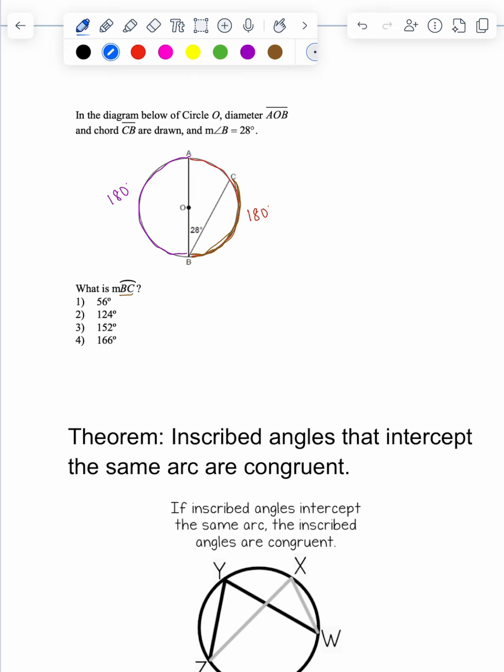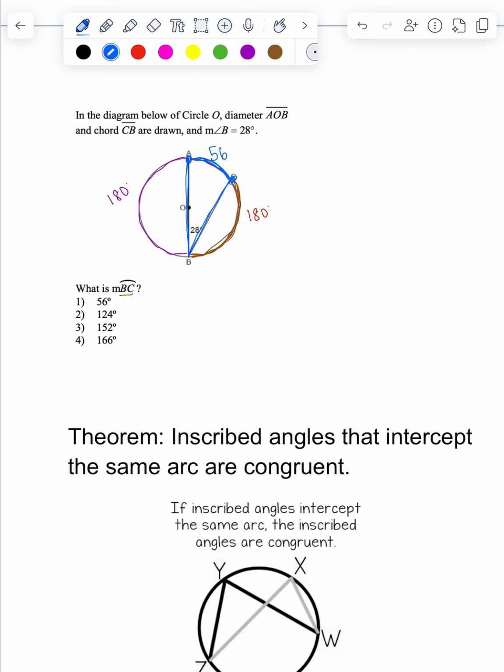If I highlight the inscribed angle that we're given, the inscribed angle's endpoints hit the circle at A and C. So AC is the intercepted arc for inscribed angle ABC. And inscribed angles are half of their intercepted arcs. So if the inscribed angle is 28, the arc is going to be double that, which would be 56.